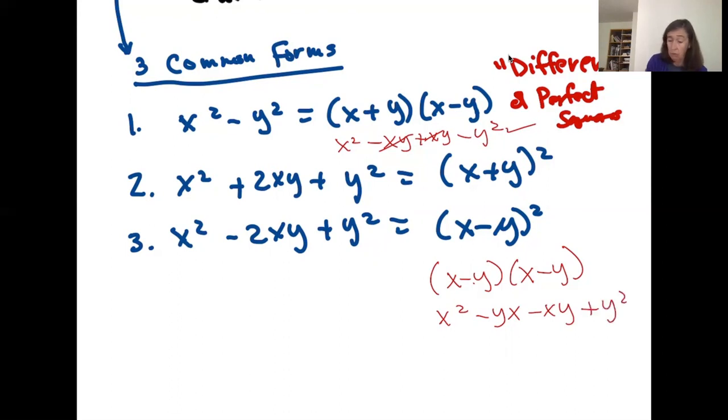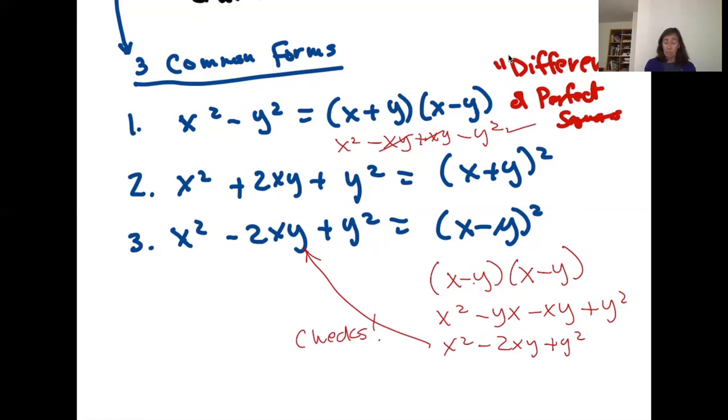Now these two interior terms don't cancel. They both have negative signs on them, so we can combine them. And we get x squared minus 2xy plus y squared. That is indeed what we started with here.